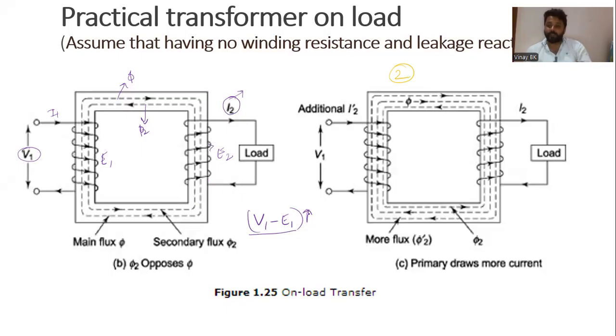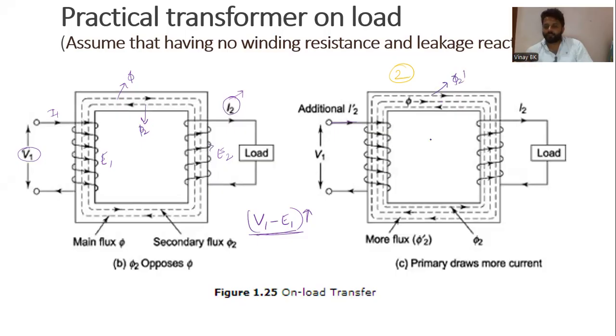So to maintain the balance, or else to neutralize the alternating flux phi, what we are going to do is produce additional current. If this difference increases, there will be a need of additional current. Hence the additional current will be flowing through the primary winding of the transformer in the same direction as the main flux phi. You can see this is phi 2 dash now.